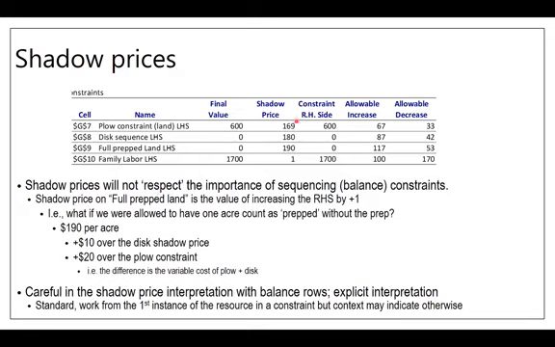So when it goes to calculate the shadow price for fully prepped land, it says, what if, instead of having 0 over here for your balance constraint on the right-hand side, you had a 1? What if you were just gifted 1 acre of fully prepped land? What would you pay for it? Well, $190 is what you would pay for it, right? That's what it's worth. That's a rounded off value, but that's what it's worth in the production plan.